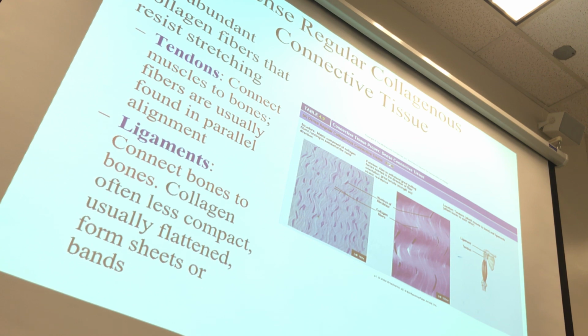Yes? Is there a way to make your ACL stronger? Now, usually by the time people get to that point, you might have parts of the actual tendon and the ligament in that area that are already slightly torn, right? You can't really strengthen it. The only way we can strengthen it is with repair. Going in there, you actually have to go in there and repair it. So once you rupture it, you can't even repair it at that point.